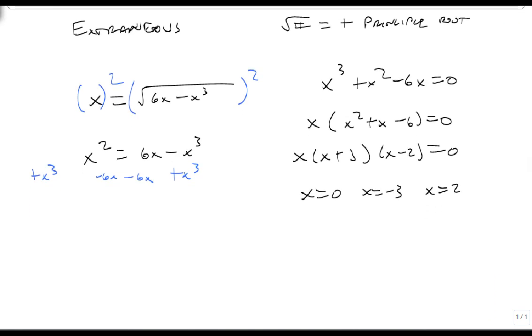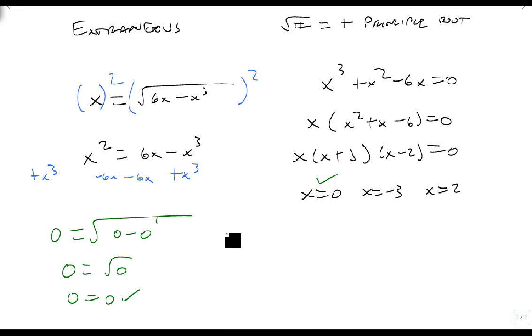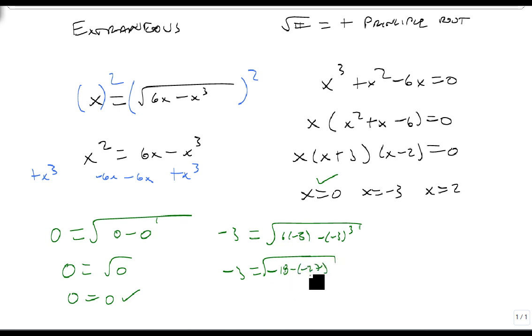Now it's absolutely vital that we check our answers on this one. So we're going to plug them all back in, and the first one's easy. 0 equals the square root of 0 minus 0. 0 equals the square root of 0. 0 equals 0. That's true, so this answer works. The negative 3, though, we're going to get negative 3 equals the square root of 6 times negative 3 minus a negative 3 cubed, which gives us negative 3 equals the square root of minus 18 minus a minus 27, which is plus 27, and minus 18 plus 27 is the square root of 9.